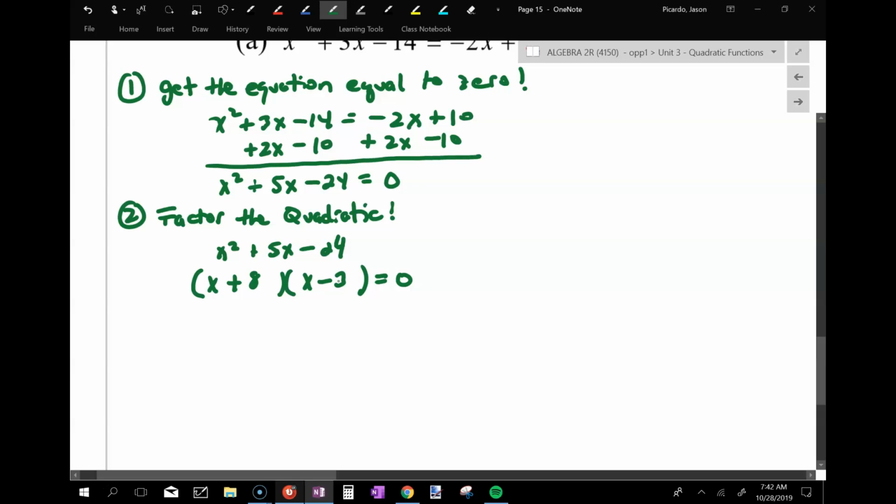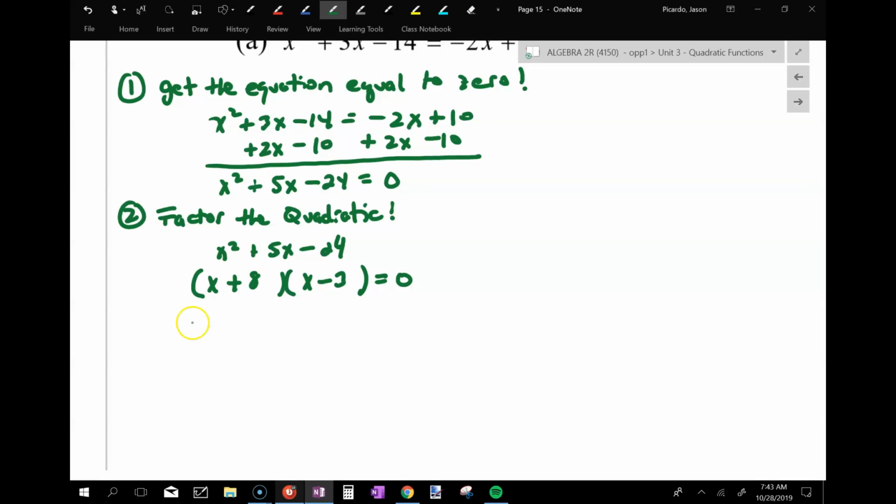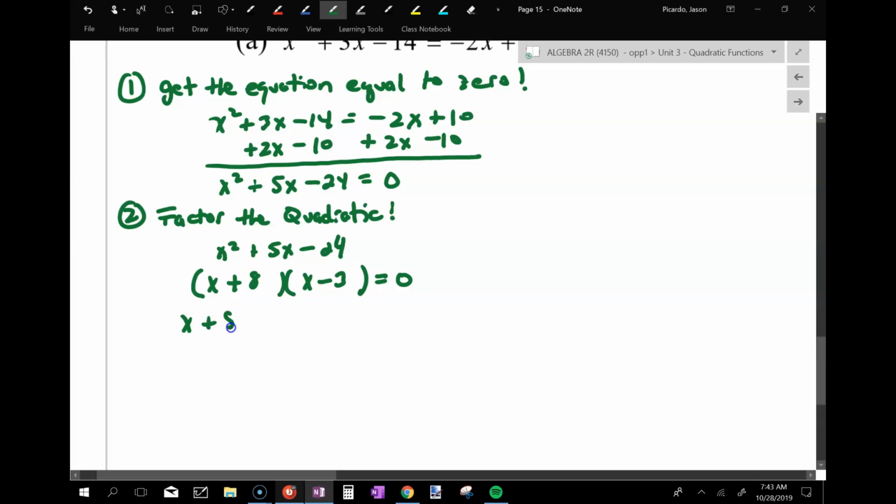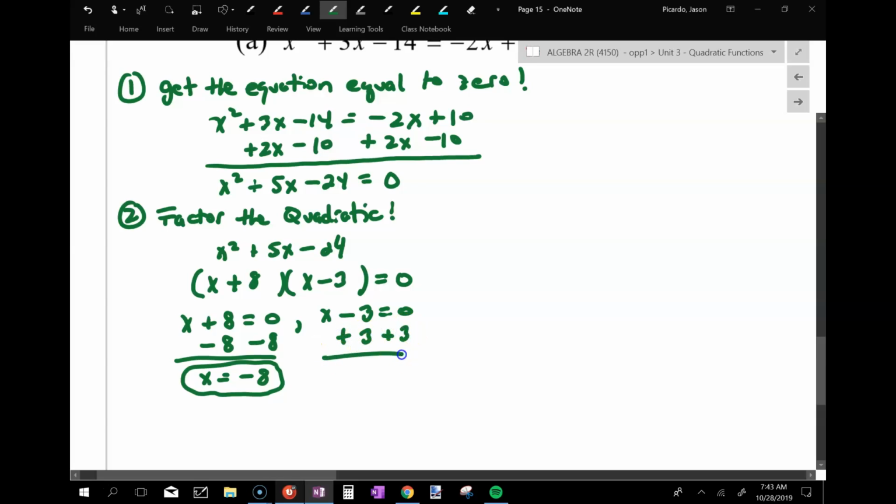And we set both of those equal to 0, right? And that's our little trick. All right, so I have an answer of -8 and positive 3.